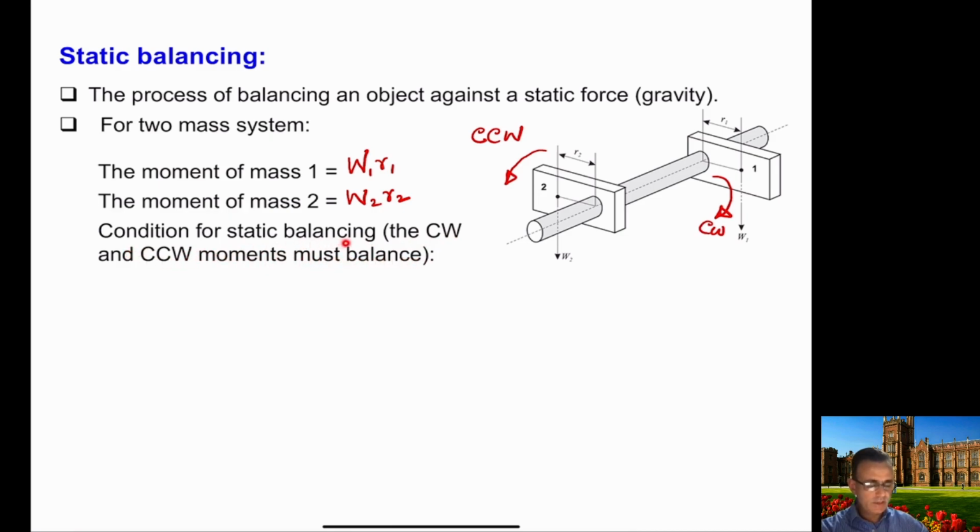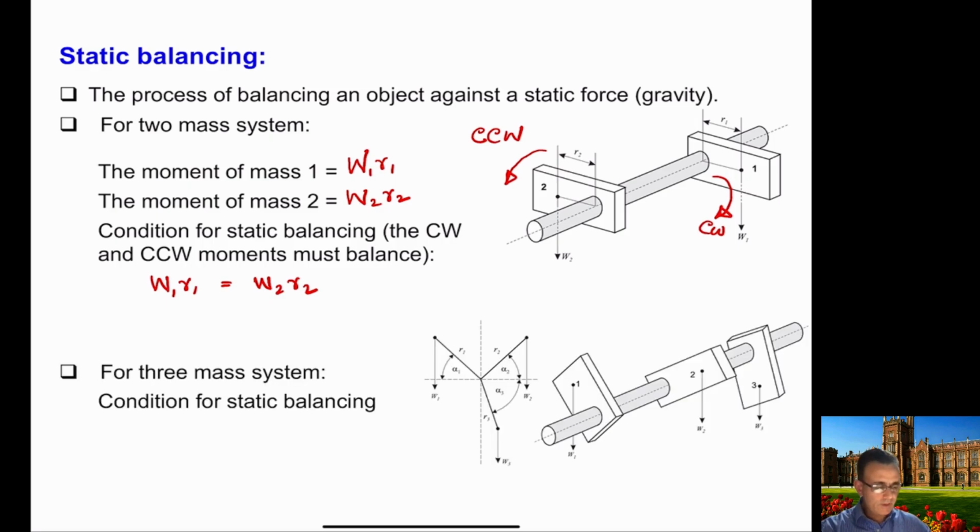If the clockwise moment is equal to the counterclockwise moment, then the system will be statically balanced, and then it can stay at any angular position without rotation. So then we can write the condition of static balancing is that W1 R1 should be equal to W2 R2.